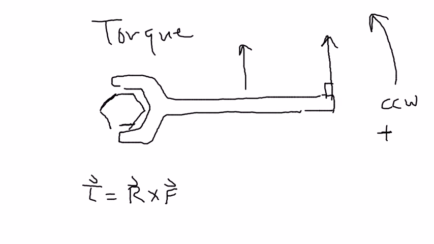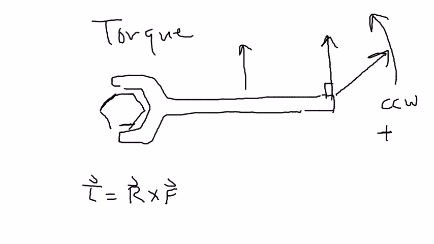And finally, you could pull from the very end, but not at a right angle, at some arbitrary angle. And so the question would be, which one of those torques is going to be greater?